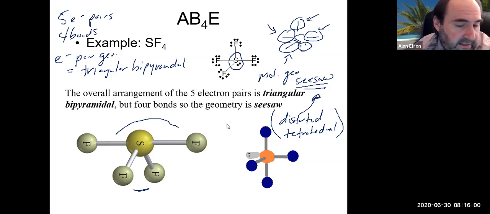So if you see that, it basically represents this guy. But again, it kind of looks like a seesaw. And again, our expanded octet is happening here. With this extra bond, they're able to spread out as they can. And again, those non-bonding electrons are going to spread out as well.